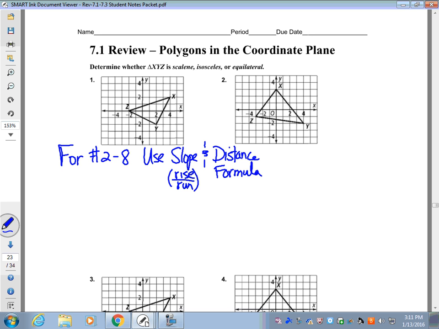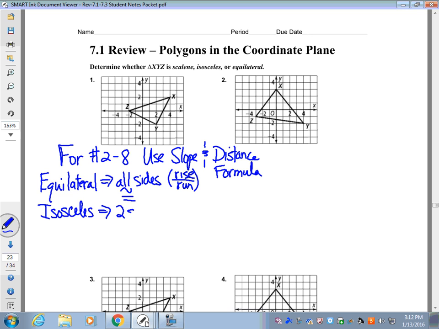All right, things you need to remember. If it's equilateral, that would mean that all sides are congruent or equal, okay? If it's isosceles, then you would only have 2 sides congruent.